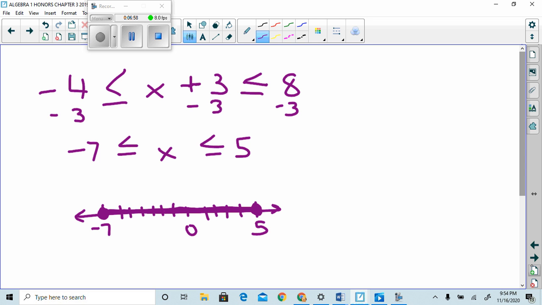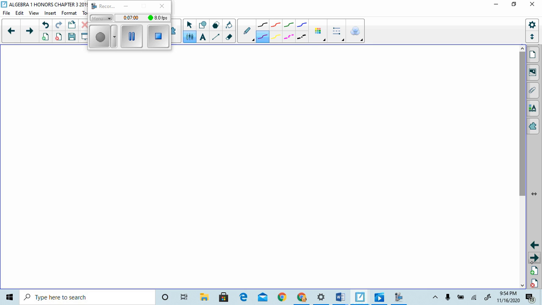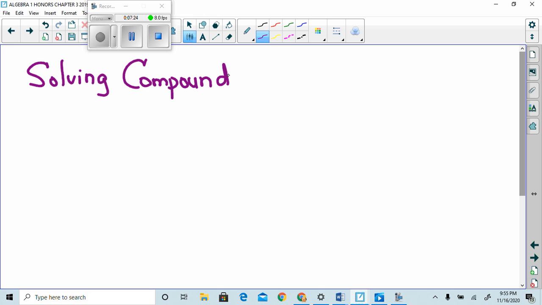Let's take a brief look at the ors. The ors, again, I think of the oars on a boat that go in opposite directions. If I'm going to be solving compound inequalities with the word or, you won't necessarily see the word and often, but you will always see the word or.